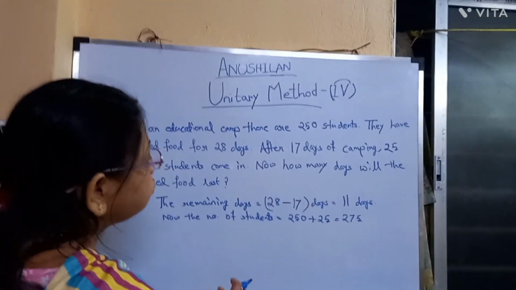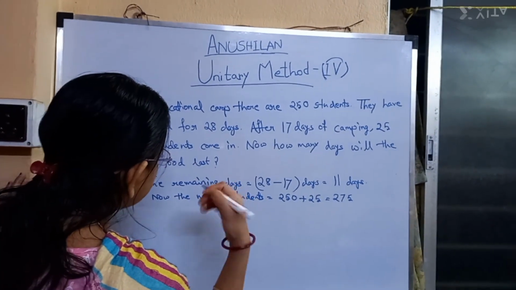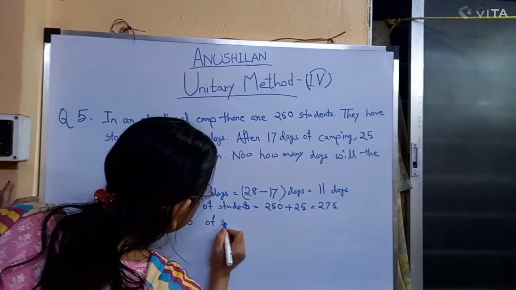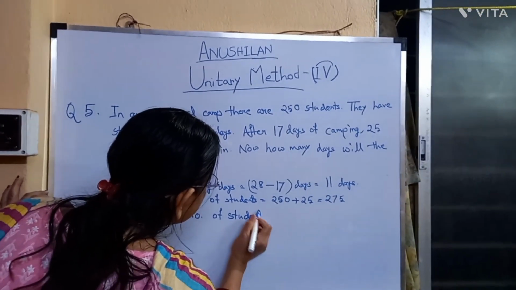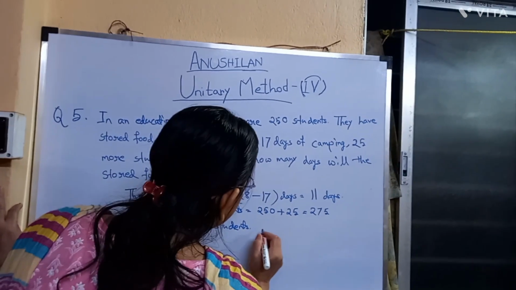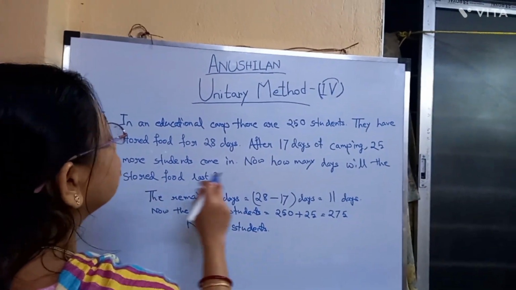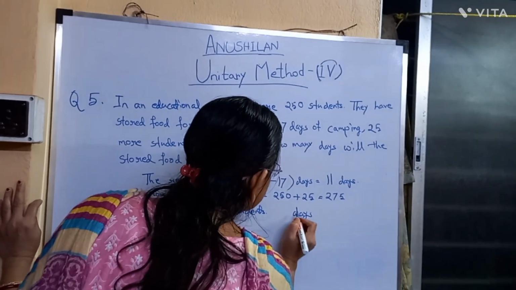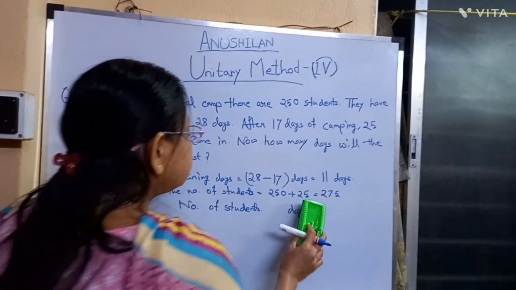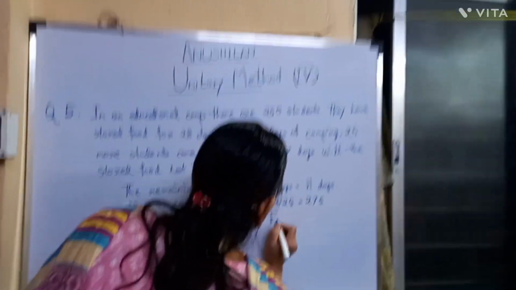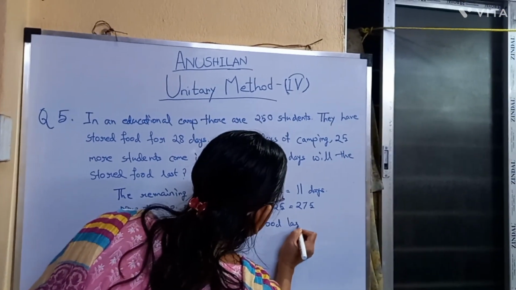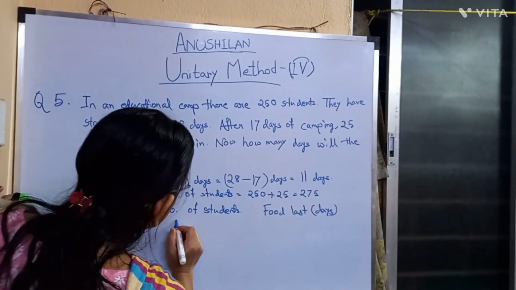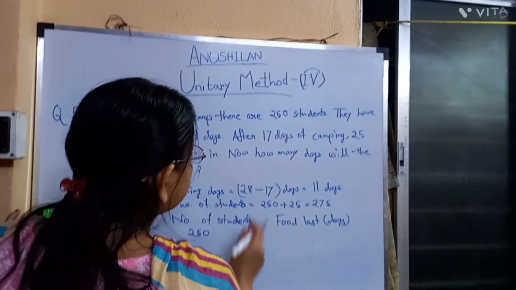So, just the tabular structure. Number of students and days. Food last. 250 students.